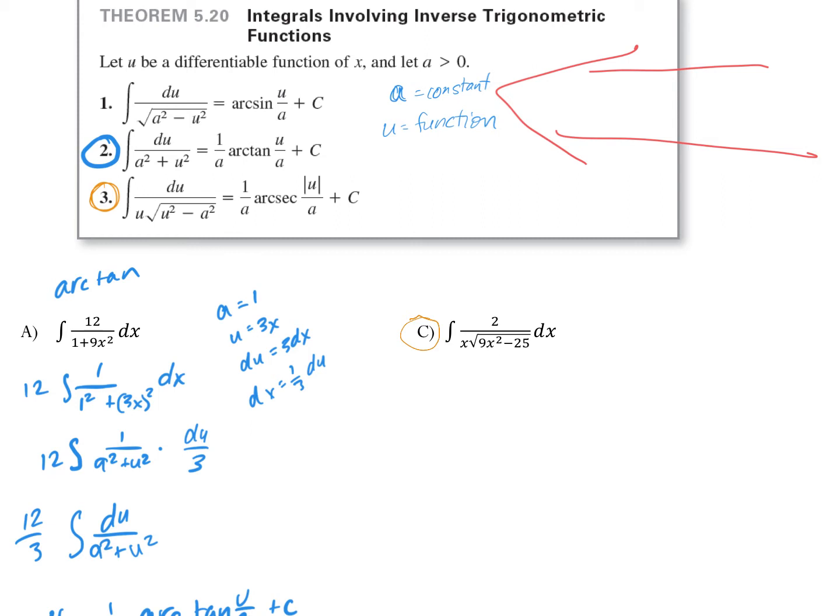And as we look at this, the next thing we want to do is decide what are our A and our U. So, are you with me that 25 is really 5 squared? So A would be 5, and U would be 3x, because we're saying this is what's being squared.